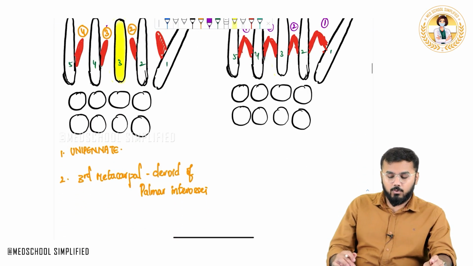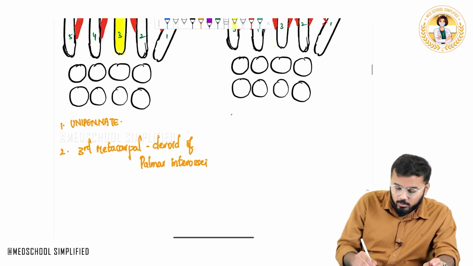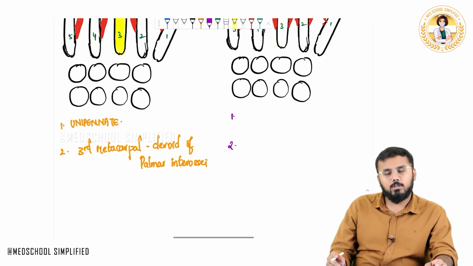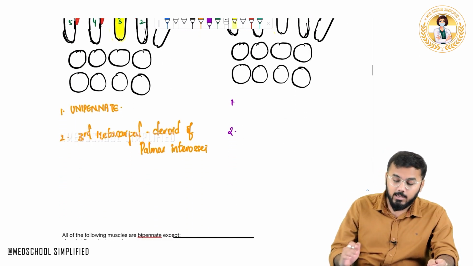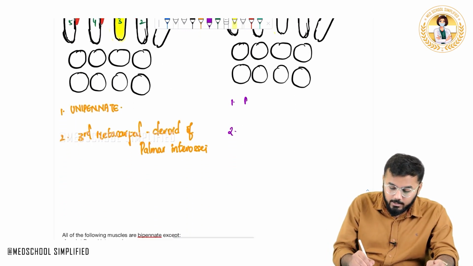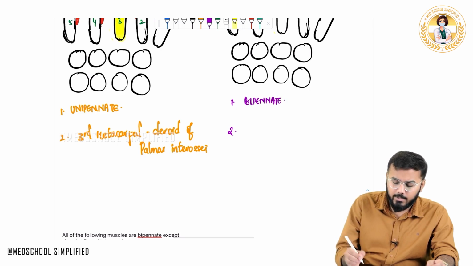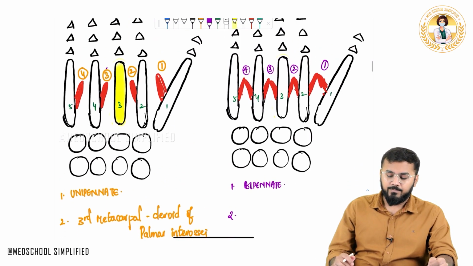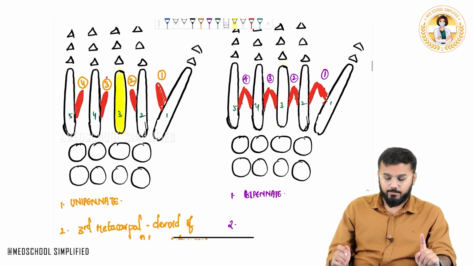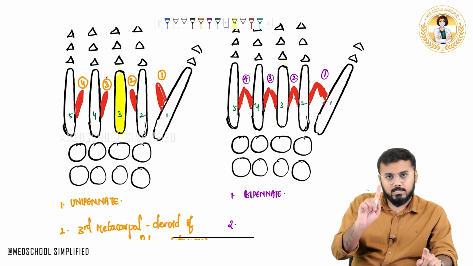Now, if you have to figure out the dorsal interossei, what is the first important point, guys? Whether it is unipinnate or bipinnate? Obviously, all the dorsal interossei are bipinnate. And which metacarpals do not have the dorsal interossei? Look here very carefully. Concentrate on the second metacarpal.